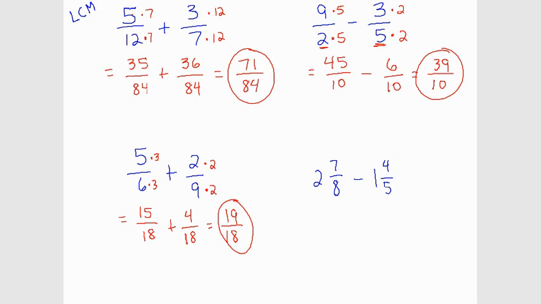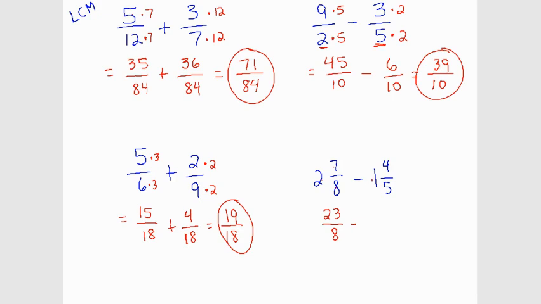This is another reason why I like improper fractions, because almost all our computations with fractions are done in improper fraction form. So converting 2 7/8, 2 times 8, that'd be 16, plus the 7 is 23 over 8. And we'll worry about the common denominator next. I'm just converting to improper fractions.